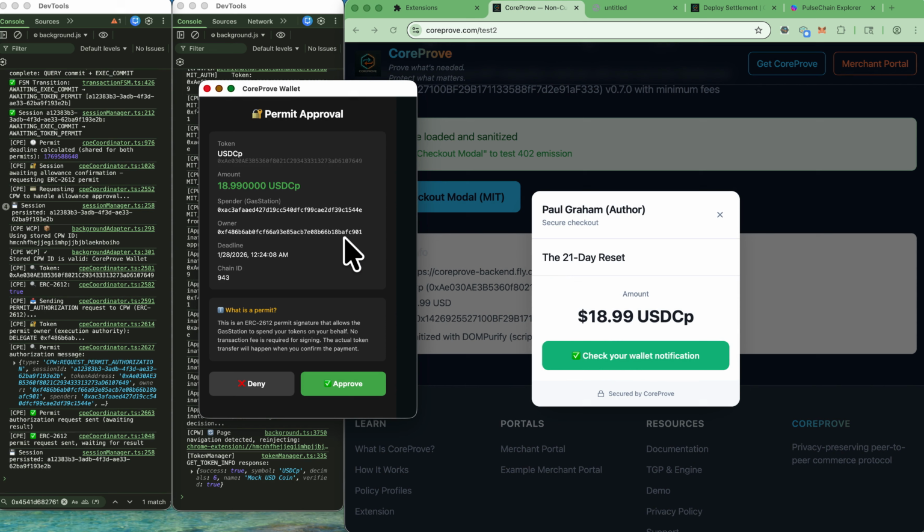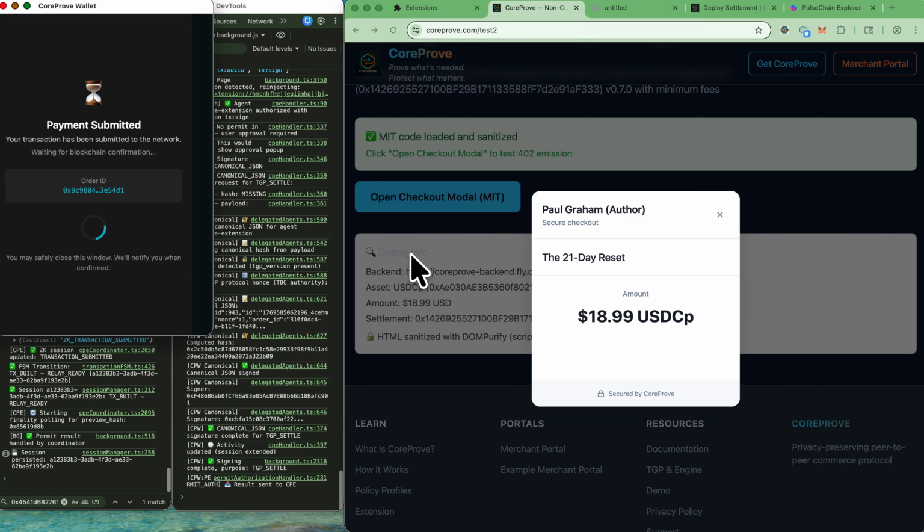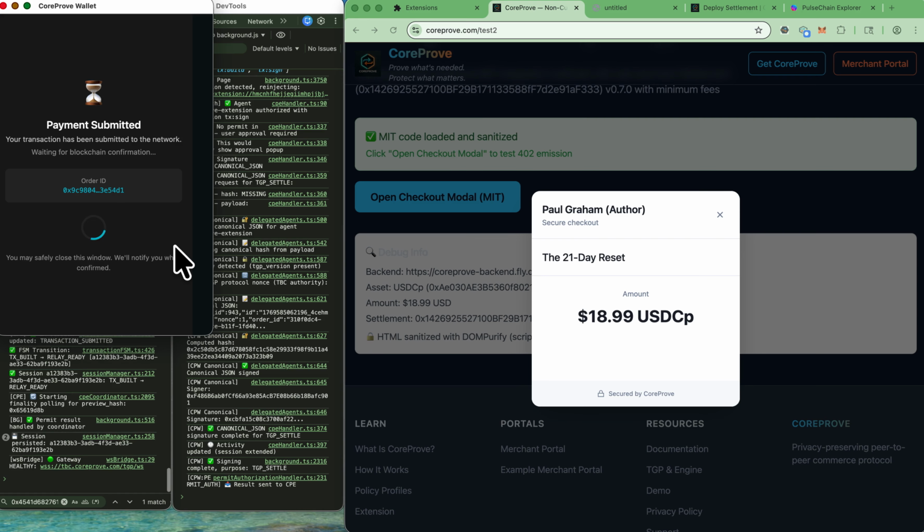And we'll get the transaction. So here in the permit, notice that automatically, just by having funds, the delegate wallet is now the owner of this transaction. Payment gets submitted to the chain.